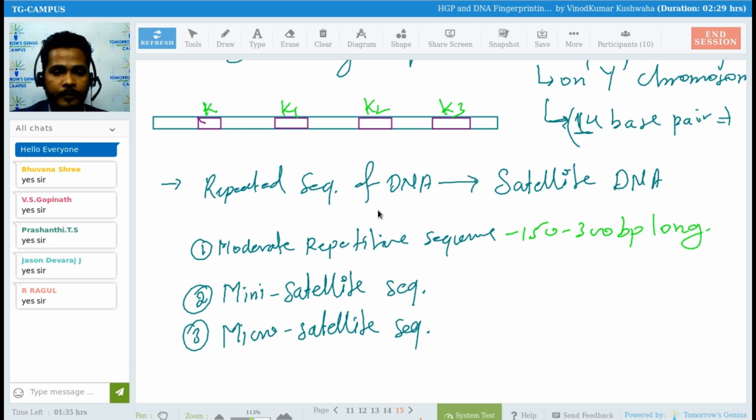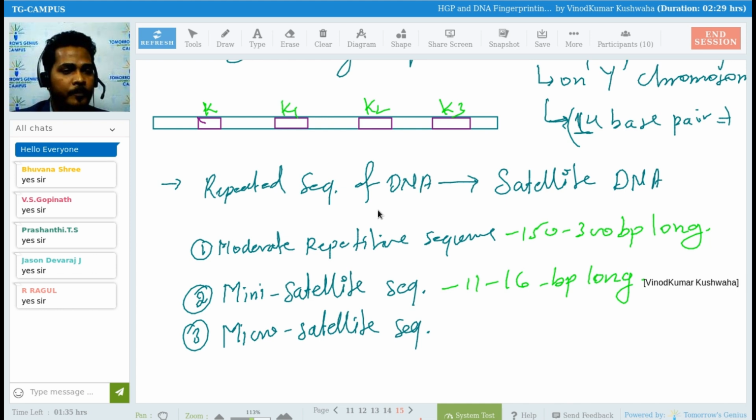Okay, very first one. And there are several others, out of which one is called the mini satellite sequence, which is 11 to 16 base pair long.